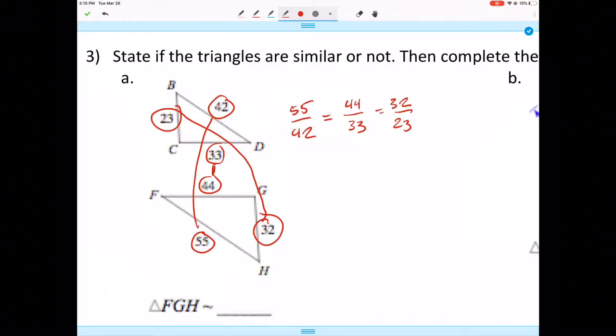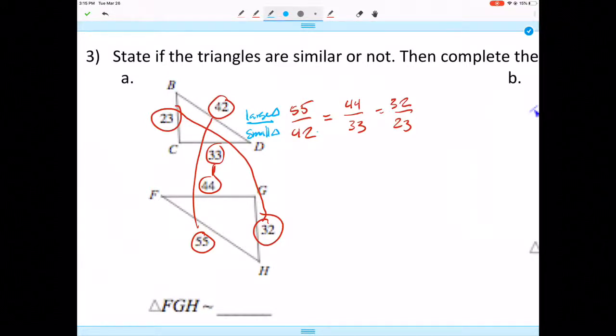Again, for this case, we always have the larger triangle on the top and the smaller triangle on the bottom. It can be vice versa, but you just can't switch. They just need to stay either on the top or on the bottom. So you would want to plug that in your calculator.